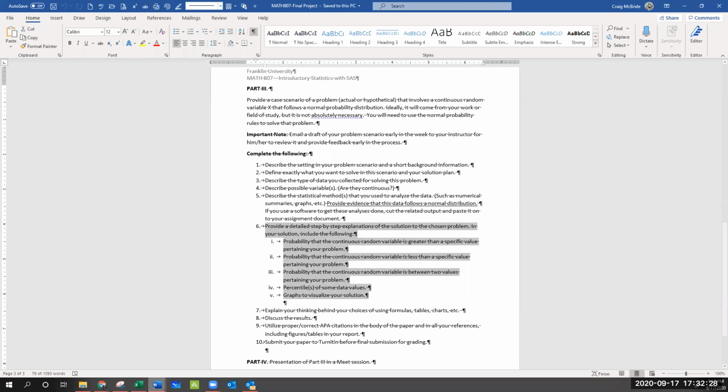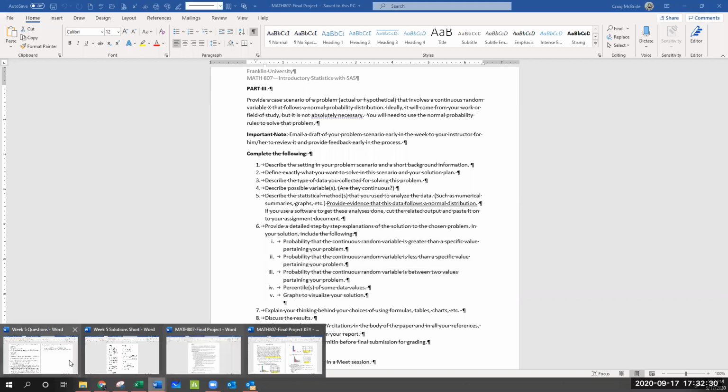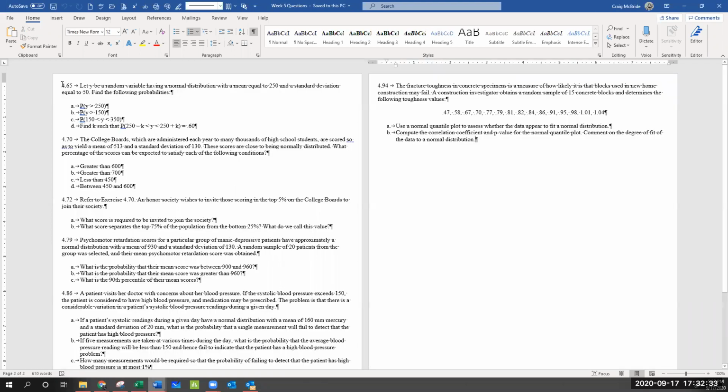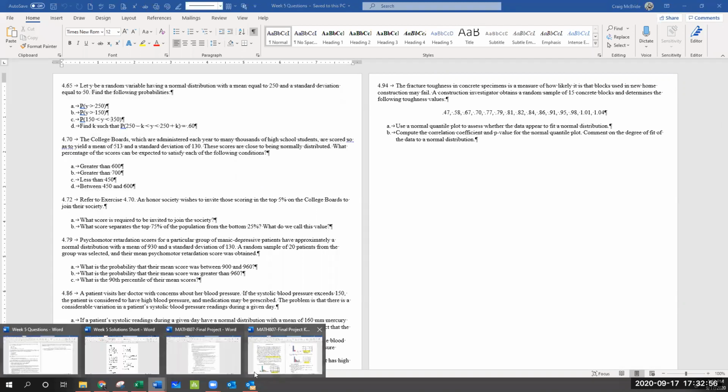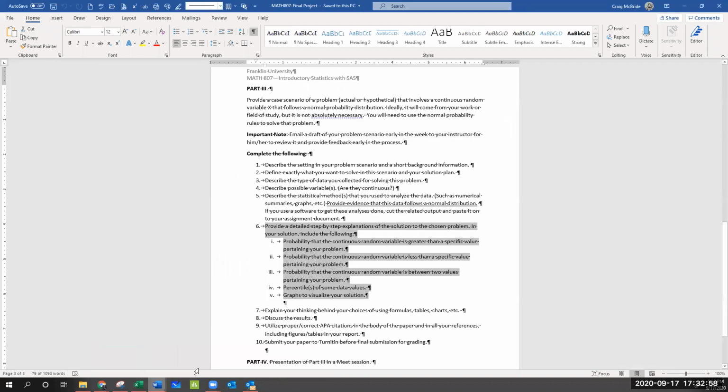So you're basically recreating what happened here in questions 1 and 2, where you're creating a scenario where you're getting a value that is greater than something or less than something or in between something, and you're giving it some sort of context, like they did with 4.7, where they said, oh, these numbers came from the college boards and they have a mean of this and a standard deviation, and so on. But you're just making all that up, and you're also making up what to test.